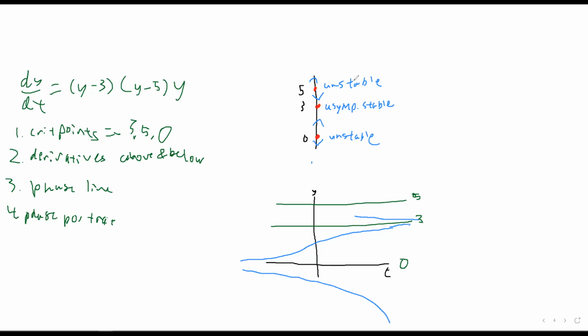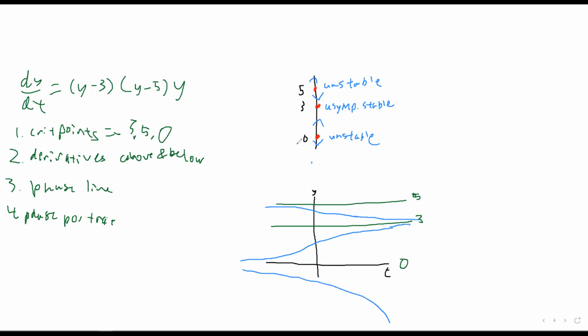Now, if the critical point 5 is unstable, that means if you start from 5, you'll eventually leave 5. So we can imagine that once upon a time it started at 5, but it eventually goes away from 5. That's what I mean by past asymptote. In the past, we may have been close to 5, but we must leave 5 if so. In the future, we'll be close to 3 because 3 is a stable point. You get sucked toward it, while 5 pushes you away.